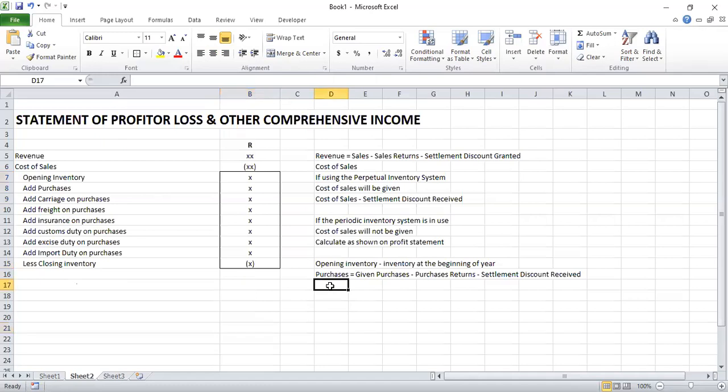Our closing inventory is the remaining inventory in stock at year end.